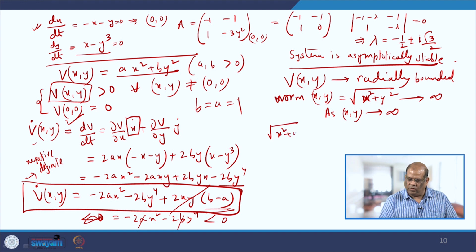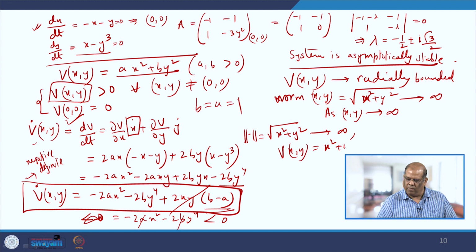So, x square plus y square, which is the norm here, tends to infinity, and at the same time your V(x,y), which is now x square plus y square, also tends to infinity. So, you have shown that V(x,y) tends to infinity as this norm tends to infinity, and hence V(x,y) is radially unbounded.